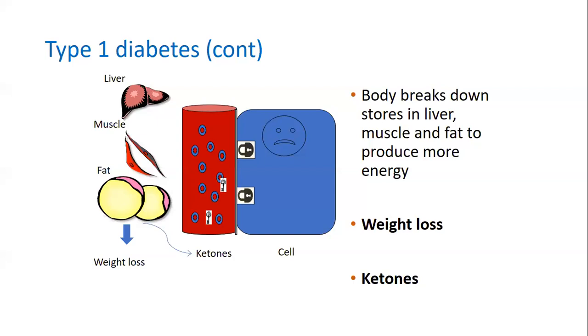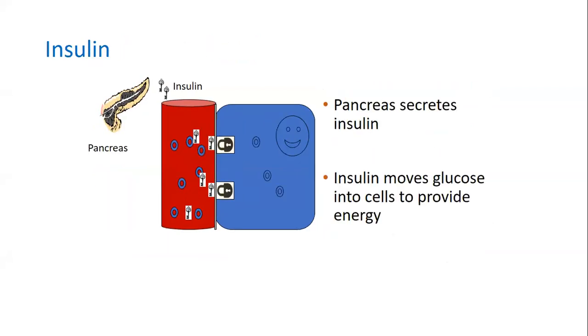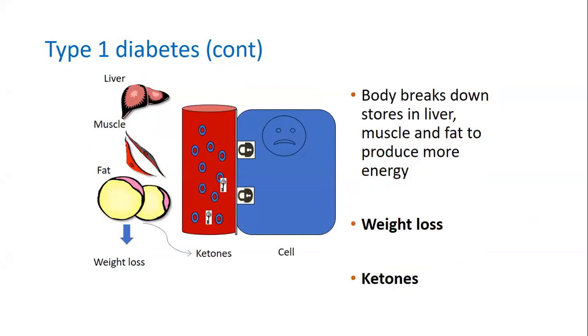When you look at the cell, it appears sad. You can see this emoji: the cell is happy because there's some glucose getting inside the cell and there's insulin. But now when there's no insulin going in, the cell is starved of glucose and energy.